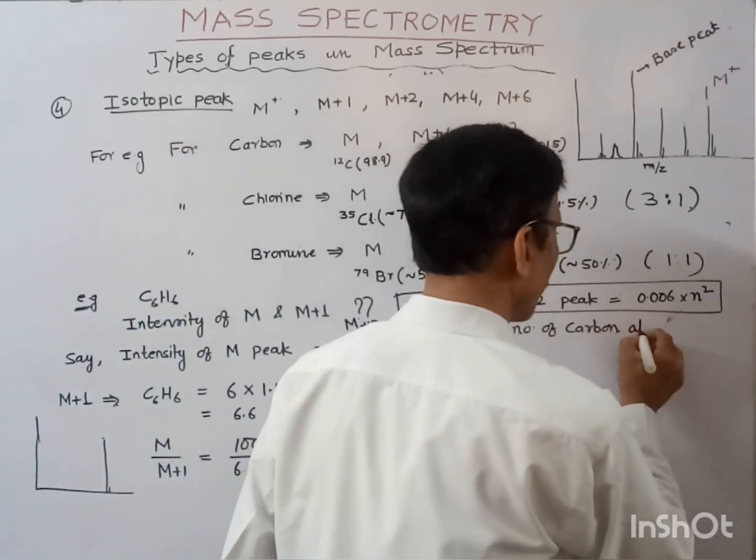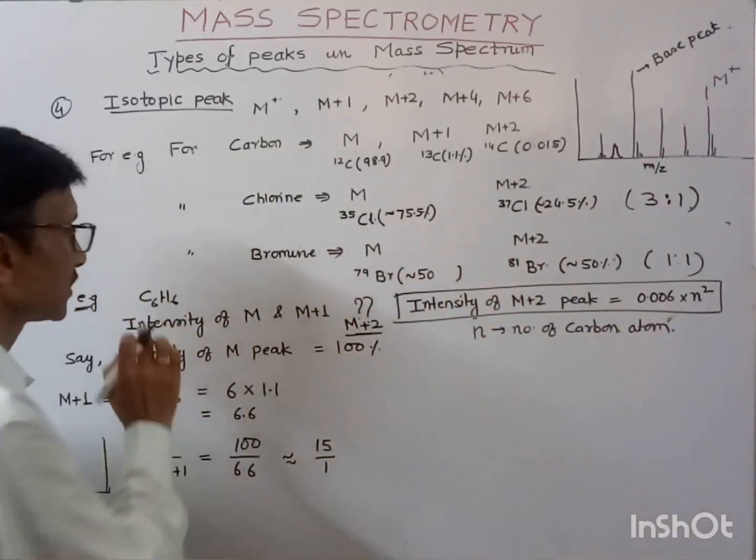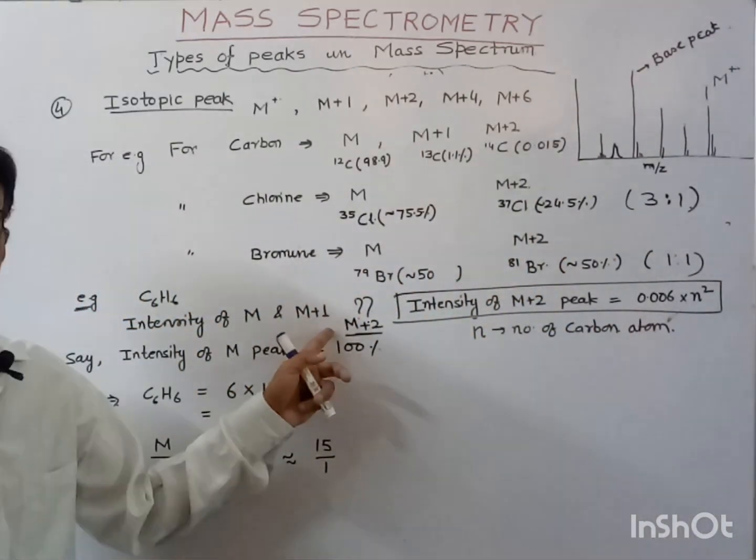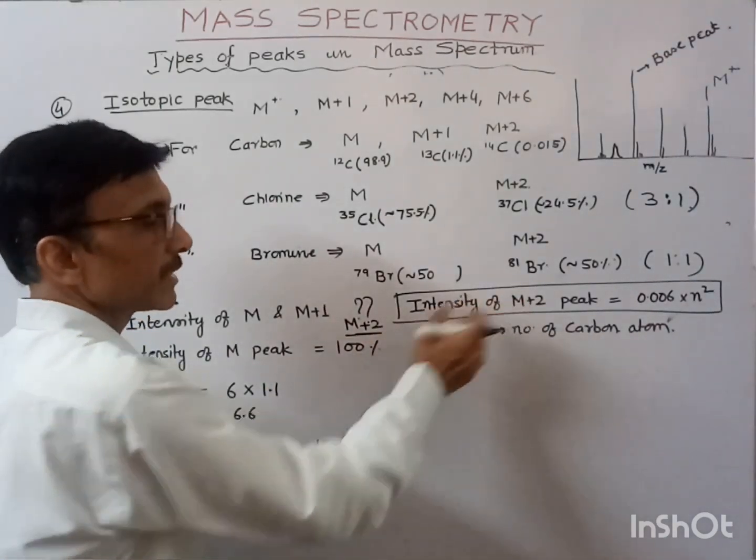For this C6H6, what would be the intensity of the M plus 2 peak? It can be determined by this formula.